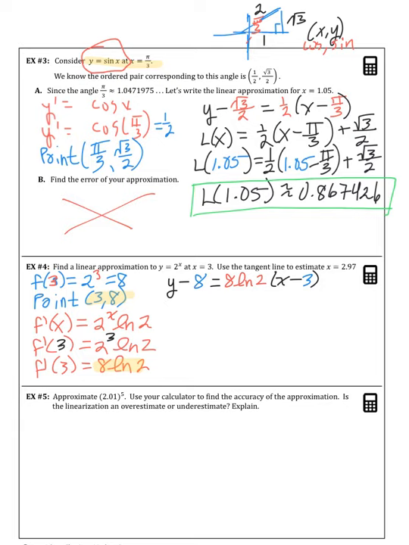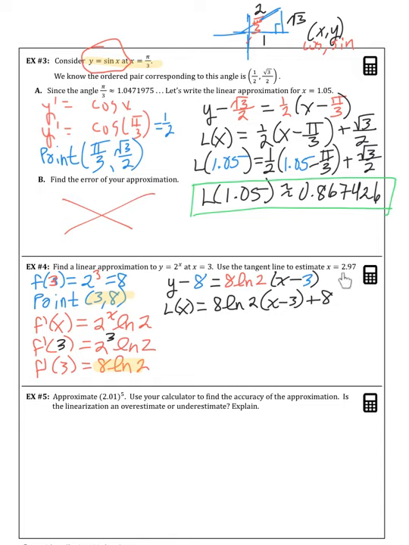And then I'm going to solve for y, and then my y becomes L of x, so I'm solving and substituting at the same time. And all I'm going to do is add this 8 over here to both sides. And we end up with 8 natural log of 2 times x minus 3 plus 8. So that's what we're going to use to approximate.